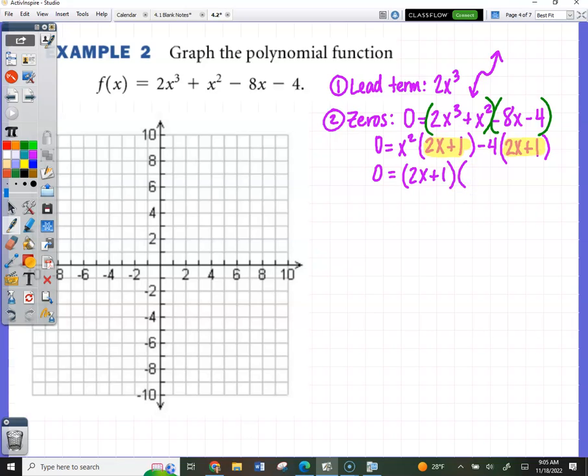If I pulled the yellow factors out, I'd be left with x squared minus 4, right? Now you've got something times something equals 0. So you're ready to set each of them equal to 0 and solve.